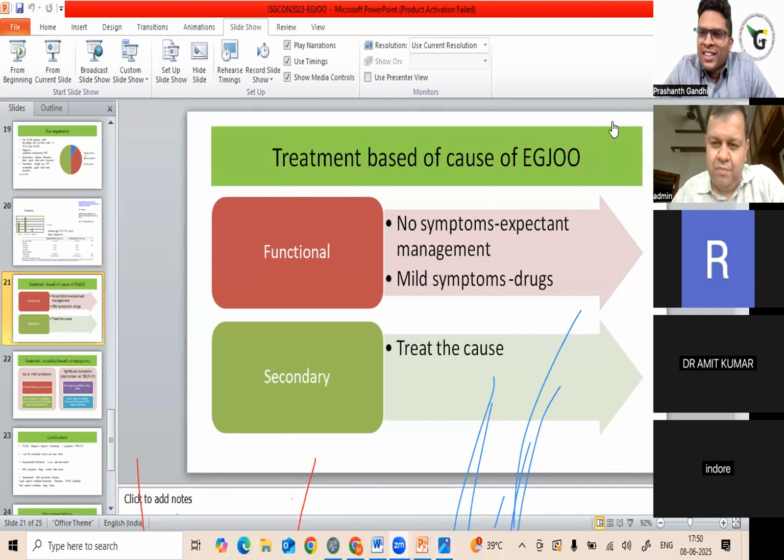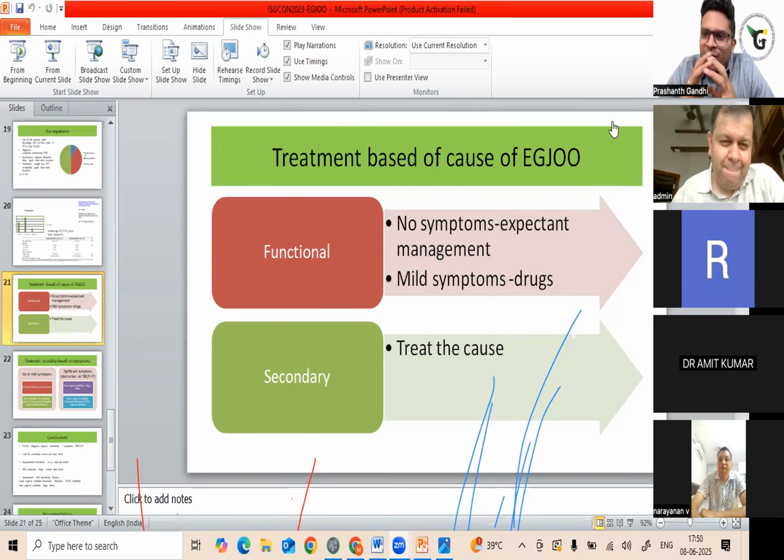Great, sir. Thank you. We really had a confused idea about EGJ outlet obstruction, but now I feel that we have somehow tried to separate it out from other conditions. However, it's a topic which newer things could be added on, with more validation in the Indian population.